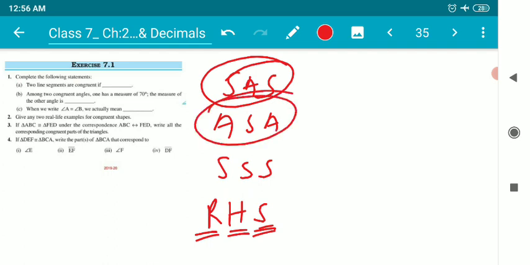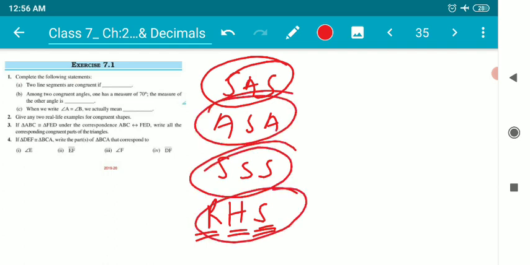Using these four properties, we can define the rules of congruency. I hope it's absolutely clear to everybody as of now.